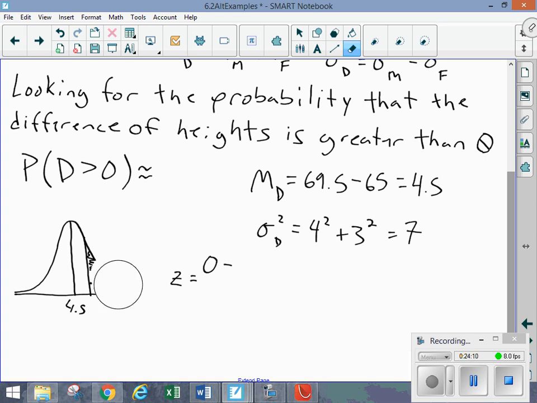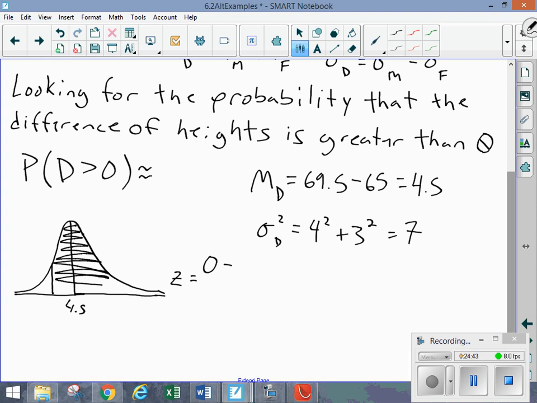The mean was 4.5. So we're looking for 0. Sorry about that, I went ahead and put the x value at 7 for some reason.